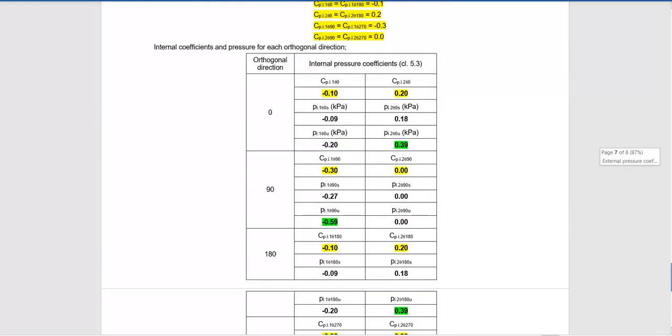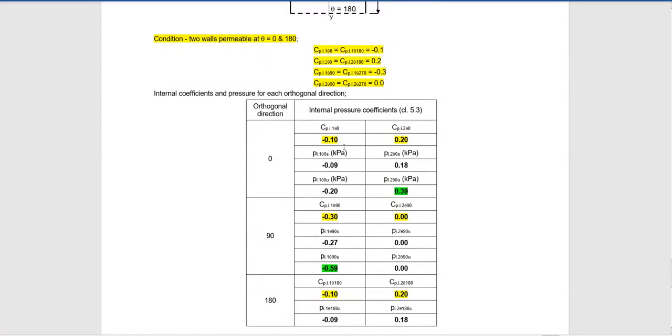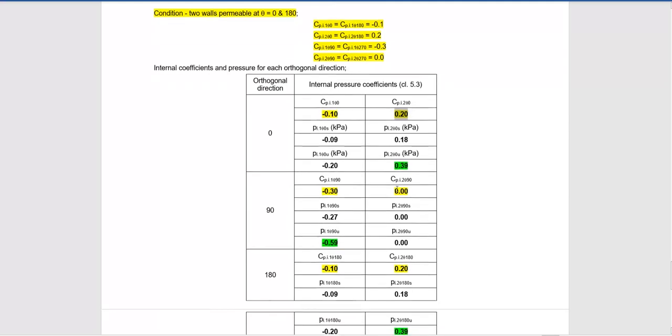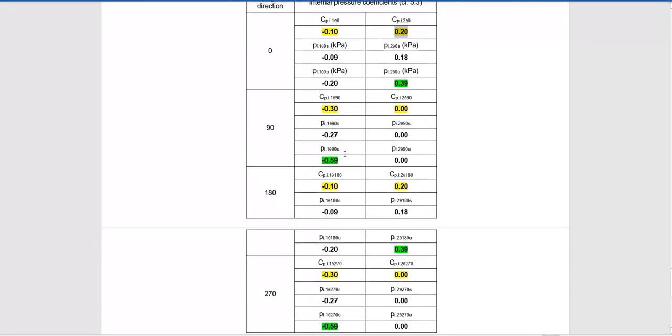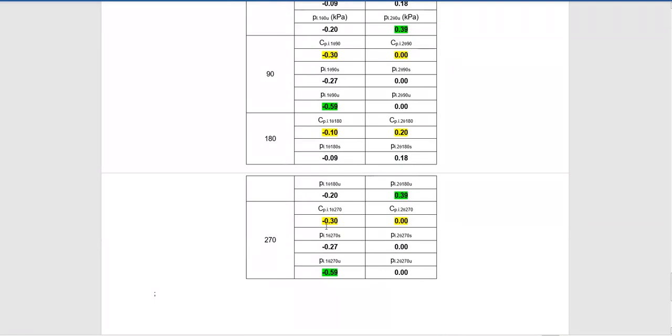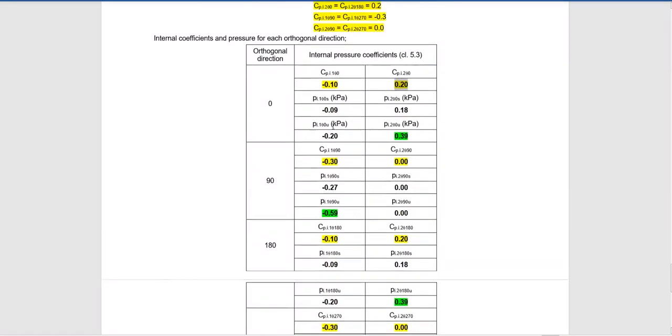So this is my final value. For each and every scenario, I've got to get the maximum value for the Cpi, which in this case is 0.2, which is the maximum value, 0.29 maximum value, 0.20 maximum value, and negative 0.3 and negative 0.59.